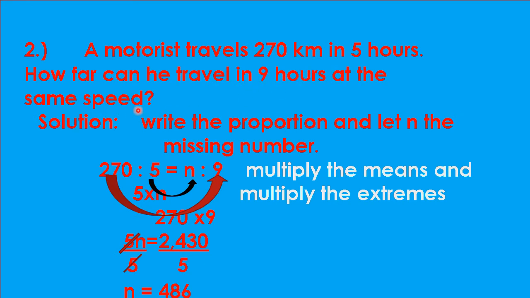So the proportion is 270 is to 5 is equal to n is to 9. We are going to multiply the means and multiply the extremes. So 5 times n and 270 times 9.